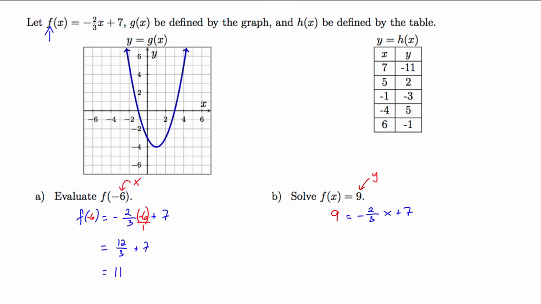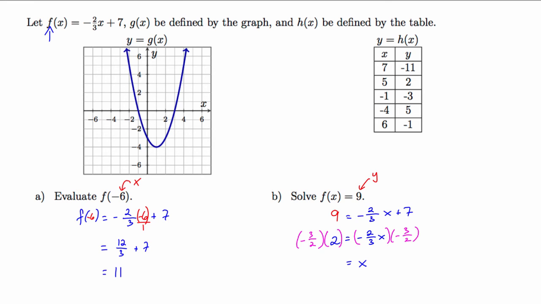And so now we have the equation 9 equals negative 2/3 x plus 7, and we need to solve it. We'll begin by subtracting 7 from both sides, so we'll have 2 equals negative 2/3 x. And to solve that equation, we can multiply both sides of the equation by negative 3 over 2. On the right side of the equation, we'll be left with x.